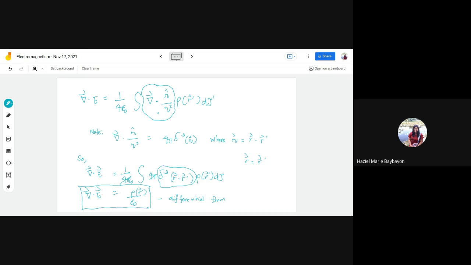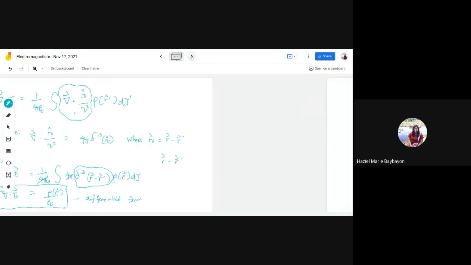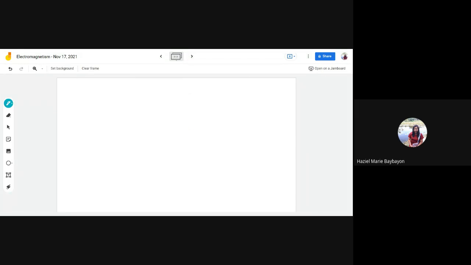All right. Now this time, we will have some applications of Gauss' law. By the way, class, Gauss' law is the quickest and easiest way to calculate electric fields. But take note that we can only use Gauss' law if we have a symmetric system. So if symmetry permits, we will be able to use Gauss' law.